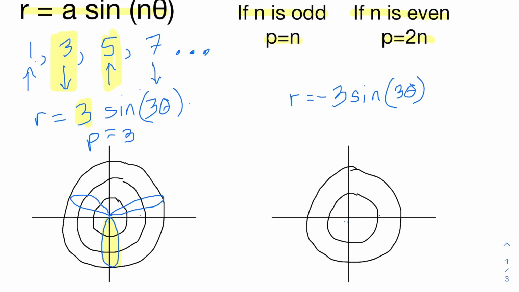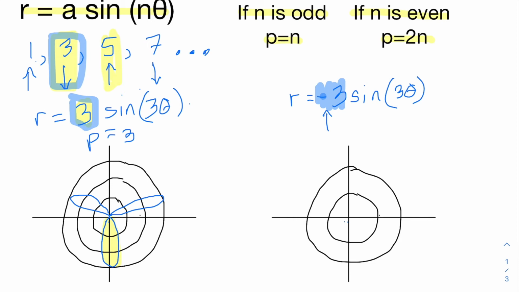Originally we said 1 was up, 3 was down, 5 was up, 7 was down, and so forth. So if a +3 is down, like we saw over here, then a -3 is going to have an upward orientation for that first petal. And everything else is going to be the same.